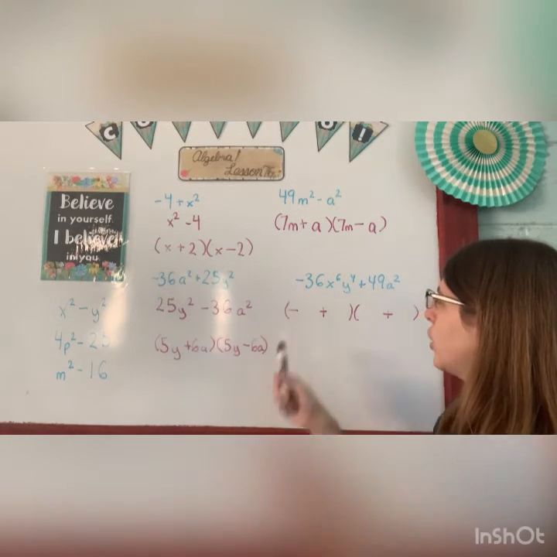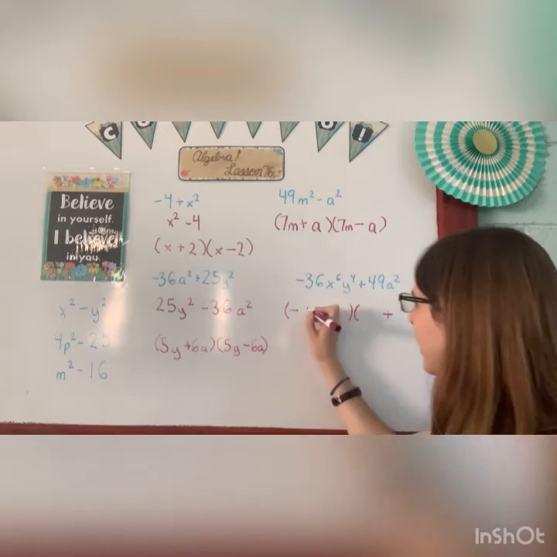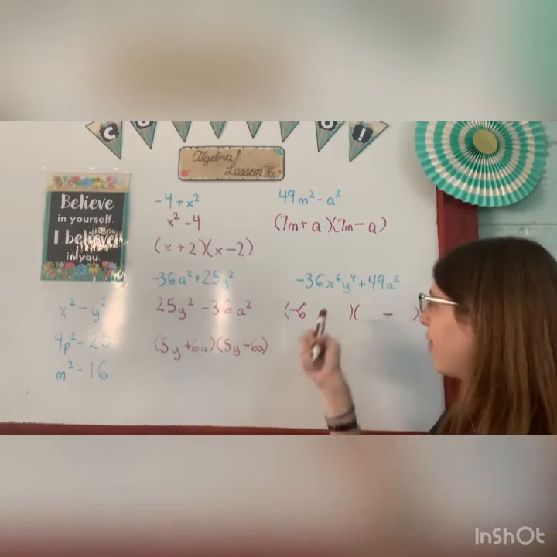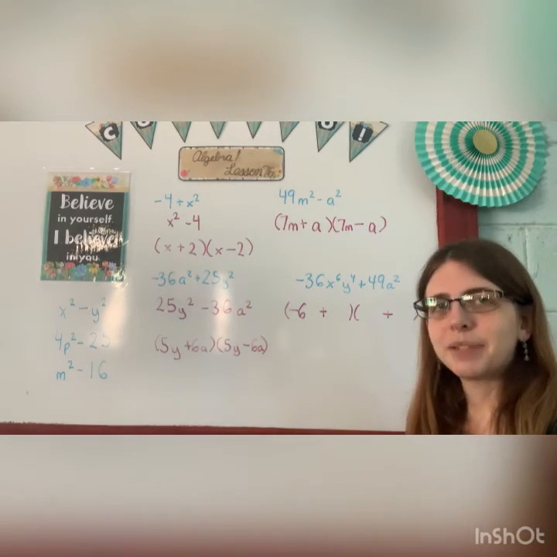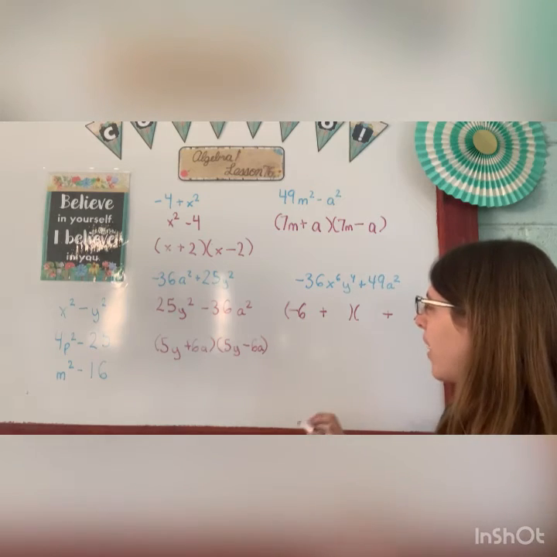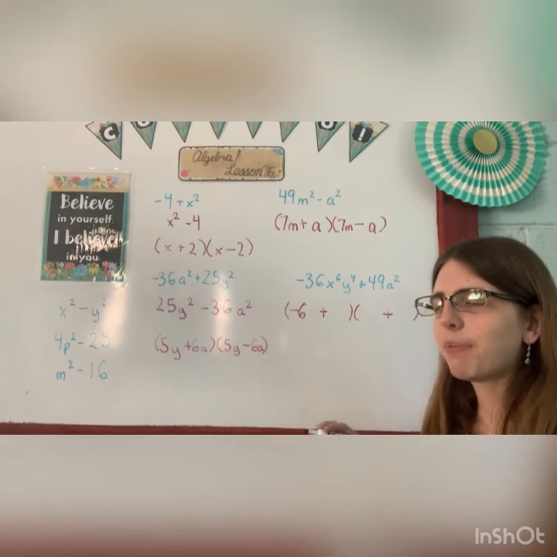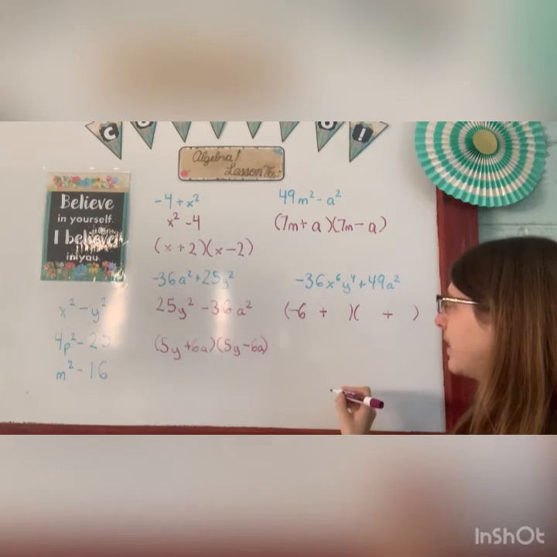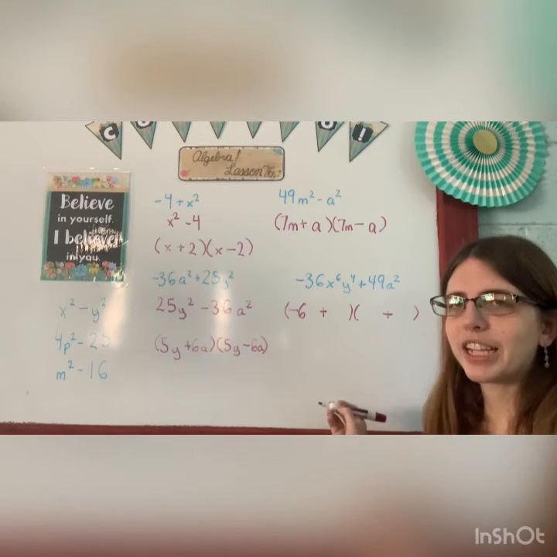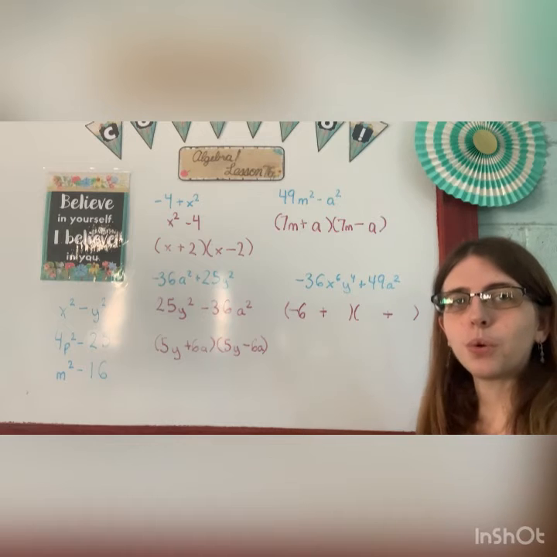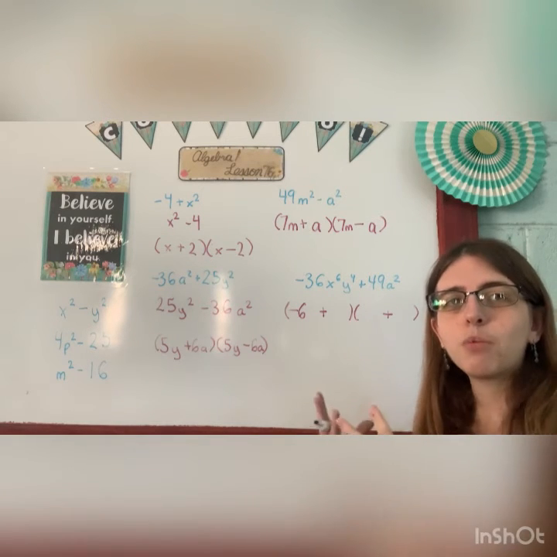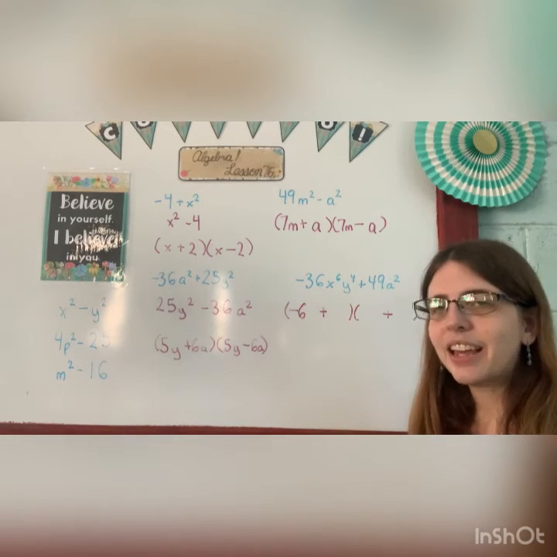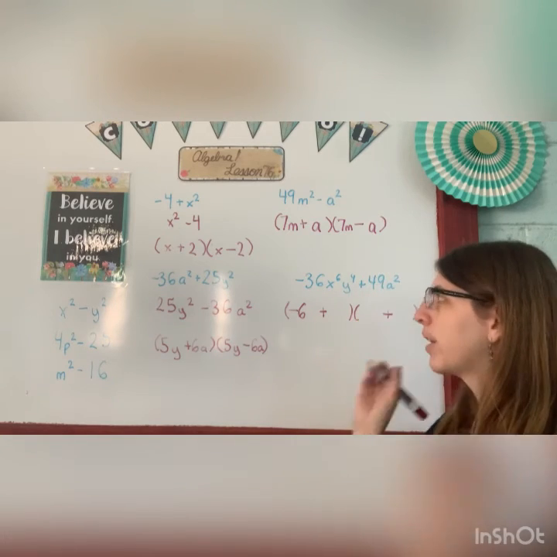So the square root of 36 is 6. The square root of x to the 6th power: remember that with exponents, when you find the square root of an exponent, that just means you divide by 2. So you can find the square root of any even numbered exponent.